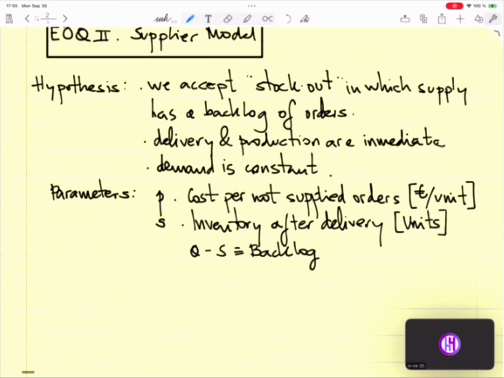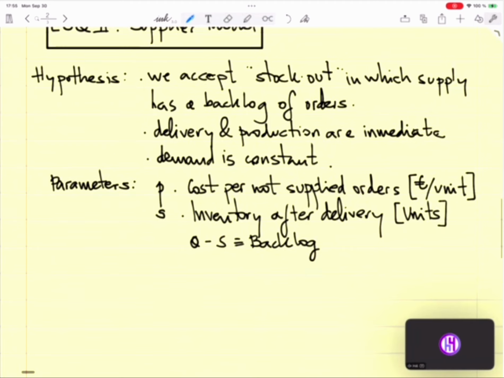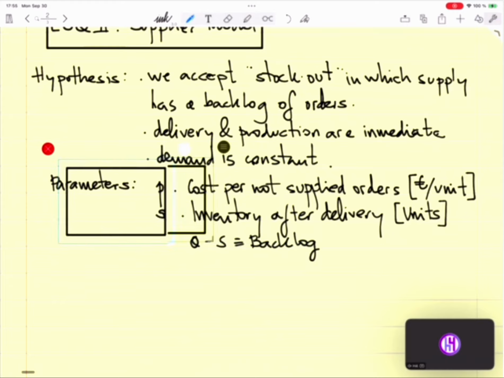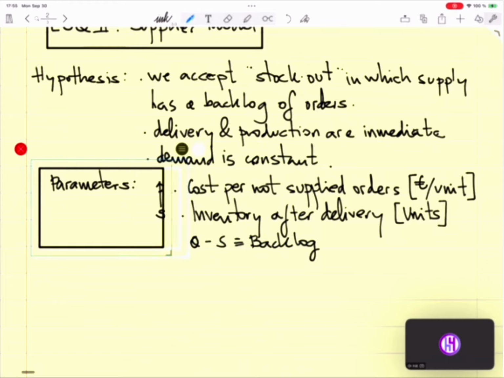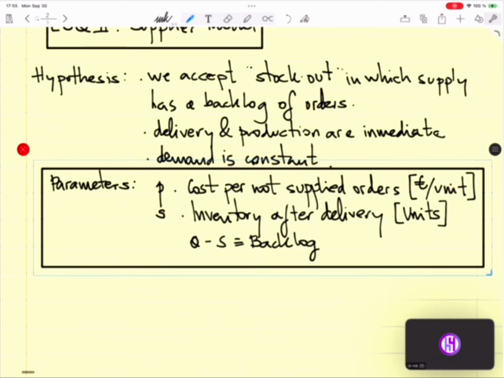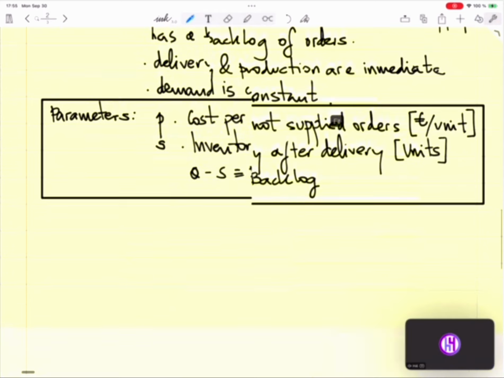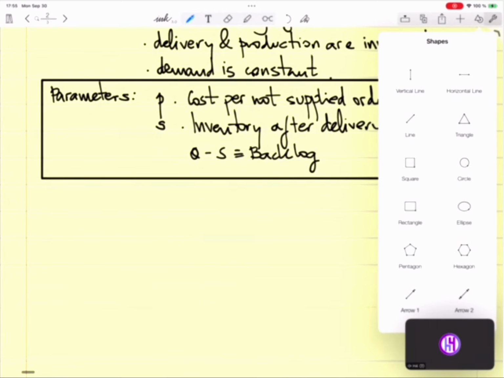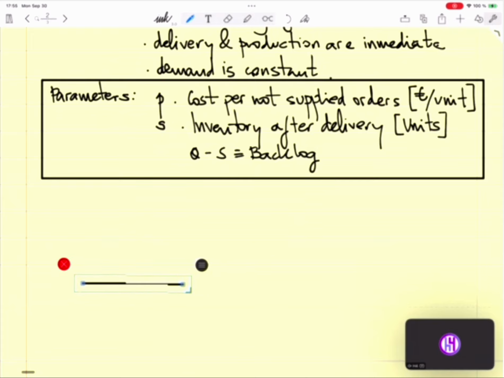So let me describe this again in a picture, which makes things, I think, easier to understand. And to picture things means that we have them under control. So let me show you the picture, how it looks like. We again have here our time, okay?